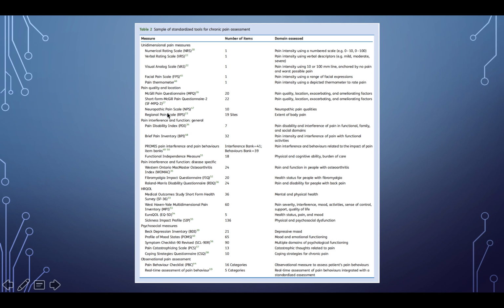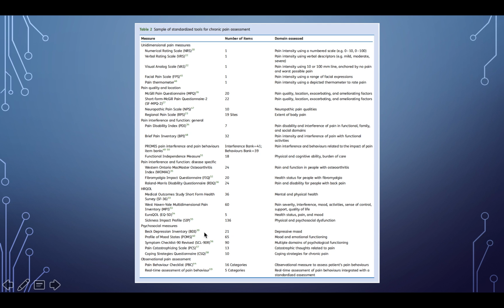So you can use the MPQ or the SFMPQ2. You've got your PDI down here, so pain, interference, and function. And then when we get down, here's the SF36 here. And I like this. This comes straight out of the article, but it tells you a little bit about what's assessed in each of these tests.